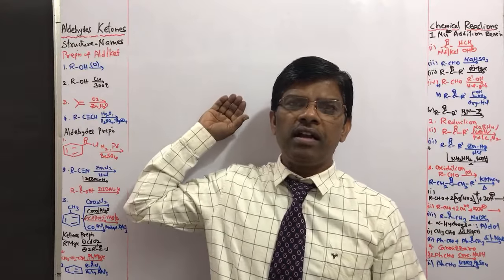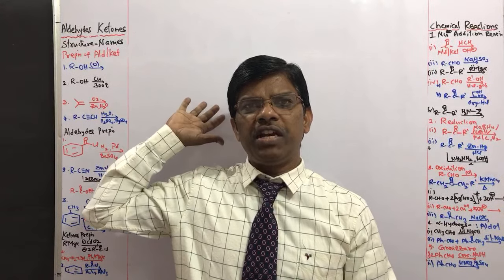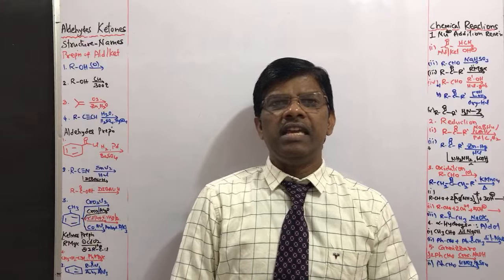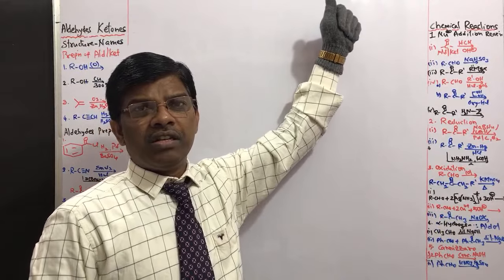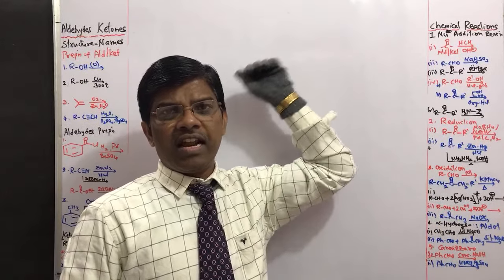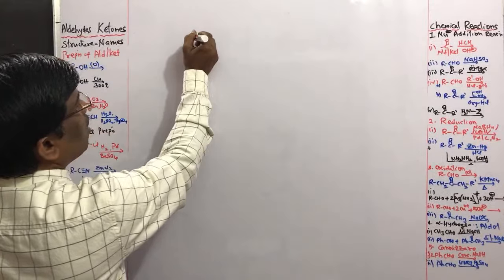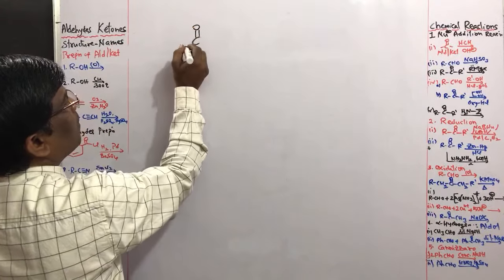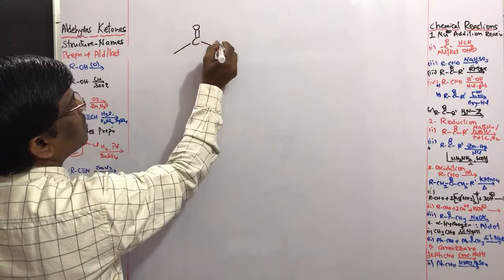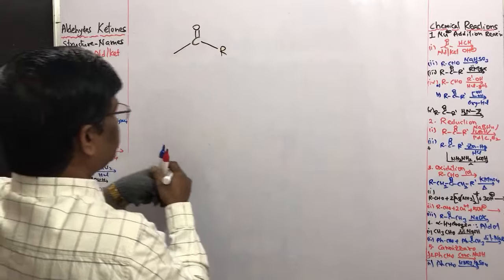Just now we have learnt about aldehydes and ketones, their preparation and structure. Let us see the chemical reactions of aldehydes and ketones. During the structural elucidation, I said aldehydes and ketones are planar molecules, trigonal planar molecules.